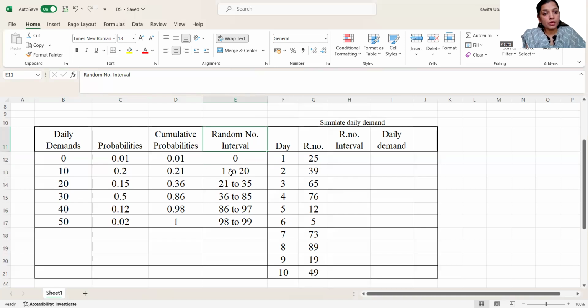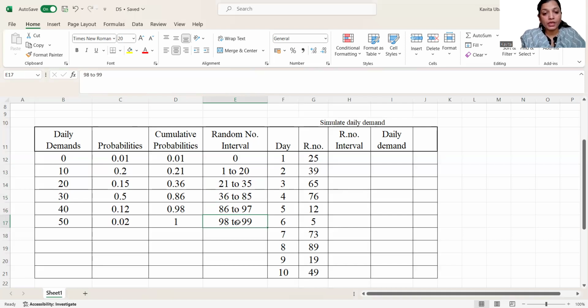Then the second random number interval is 1 to 20. Then the third one is 21 to 35. Then 36 to 85. Then 86 to 96, then 98 to 99.